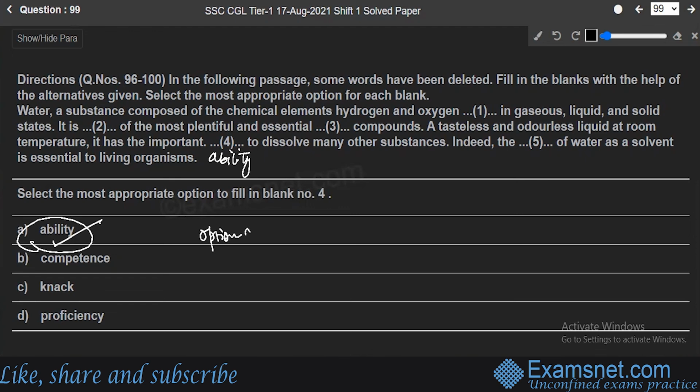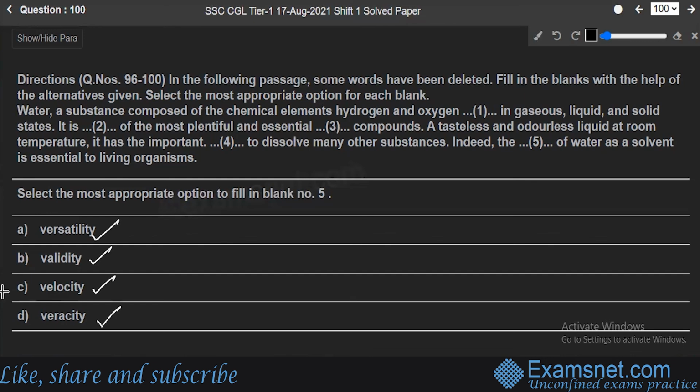Option A is the answer. Let's move to the last question of this paper. Here you have to fill in blank number 5. It says, indeed, the dash of water as a solvent is essential to the living organisms. And the options are versatility, validity, velocity, or veracity. Obviously, it's versatility, right? Versatility is the correct answer.